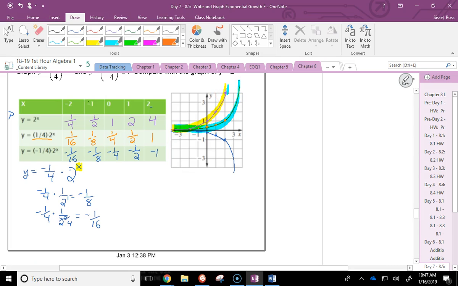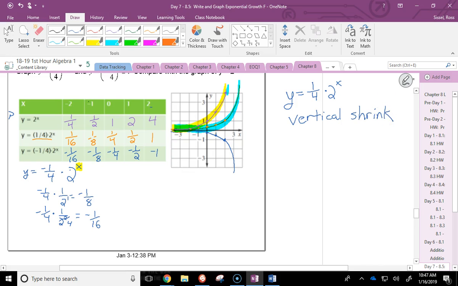It did the exact same thing, it just kind of went out. We call that a shrink. So this line, y equals 1/4 times 2 to the x, when we compare it, we're going to say it had a vertical shrink.